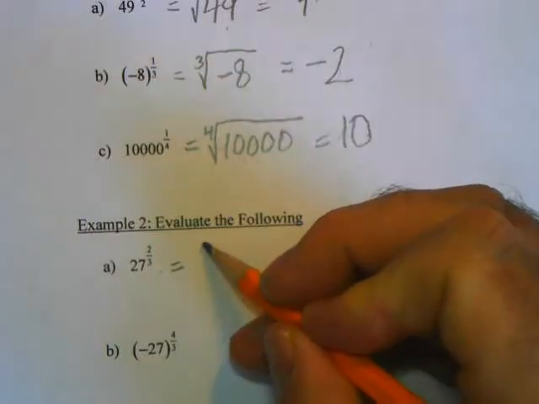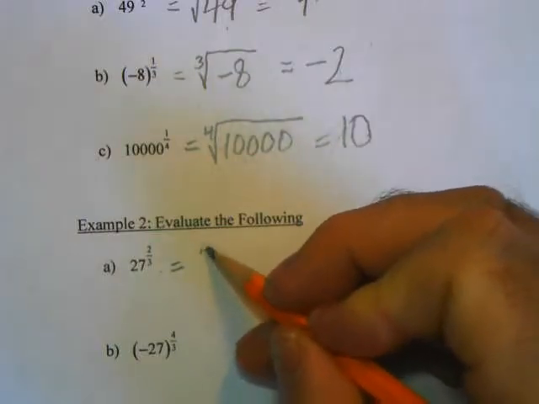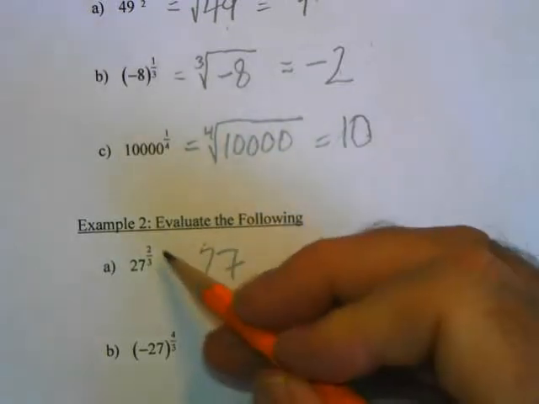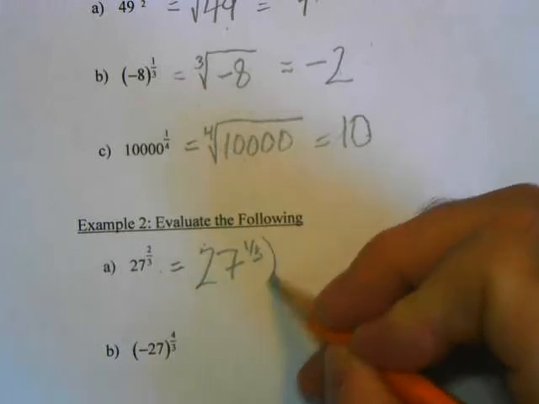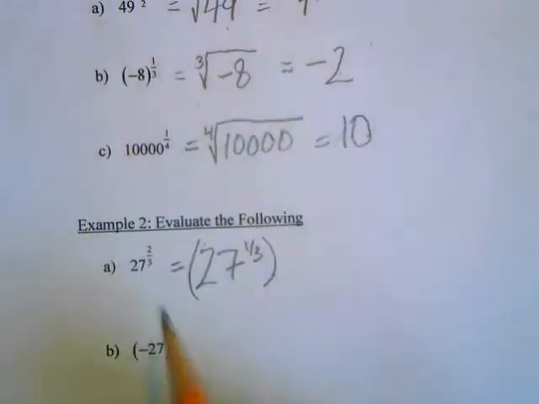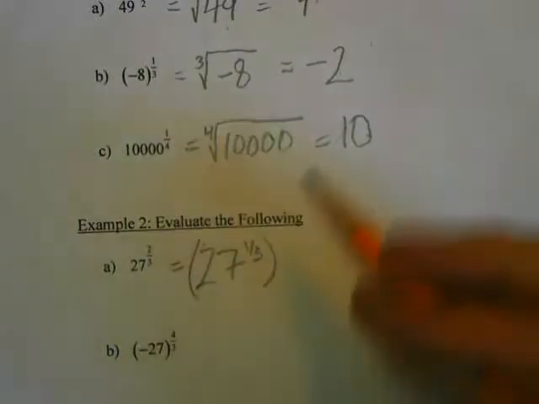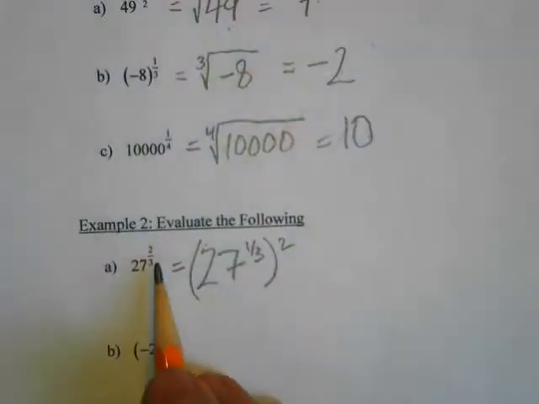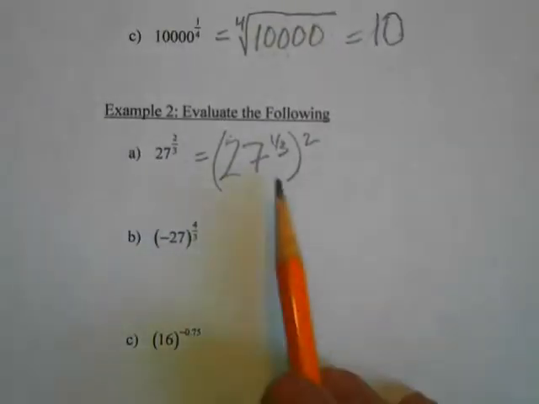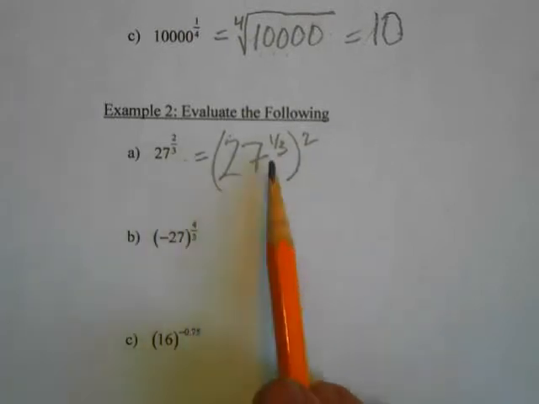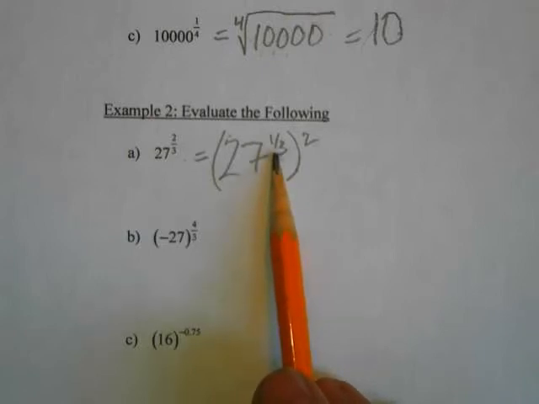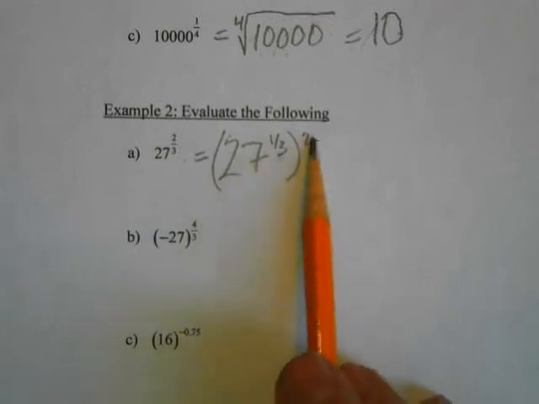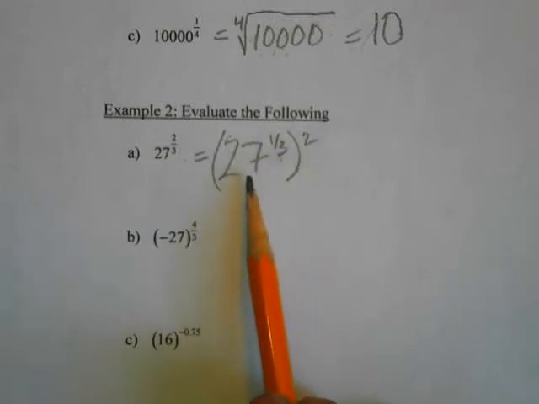So like I mentioned earlier, I'm going to put 27, and then the bottom part, the 1 over 3, I'll put first, in brackets, and then that's going to be squared because the numerator of the exponent is 2. Okay, so I'm going to do it in this order. You could actually reverse these two. You could square 27, which is a big number, and then try to take the cube root. That's going to be tough. If you change the order, you probably won't be able to do this in your head.